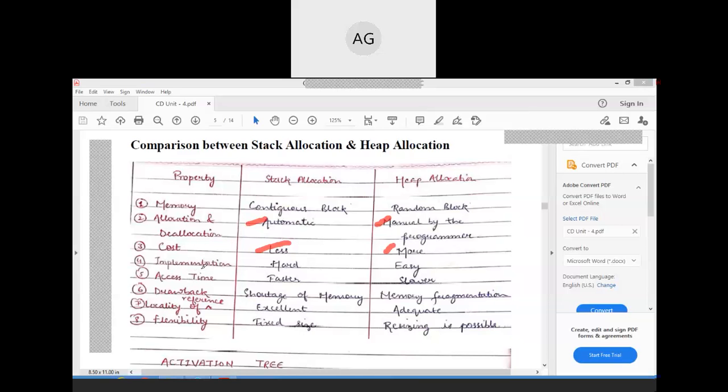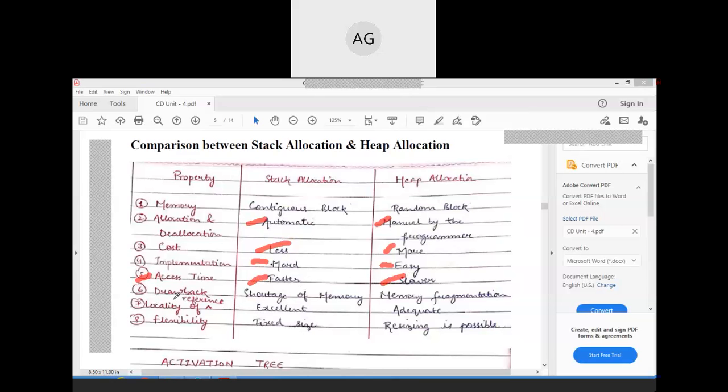Then the implementation: implementation in stack is hard, whereas implementation in heap is easy. The fifth property is access time. In stack allocation it is faster, and in heap allocation access time is slower in comparison to stack.